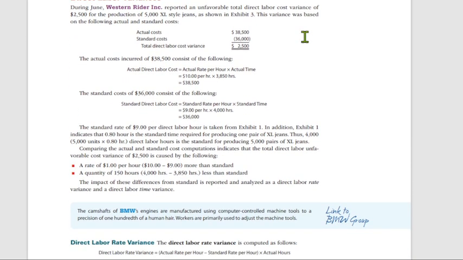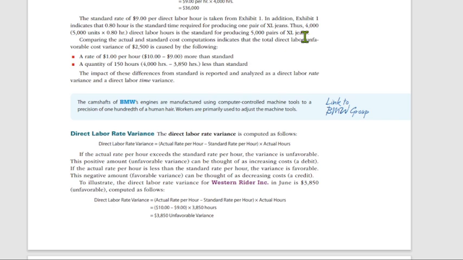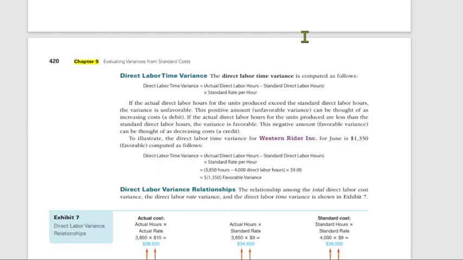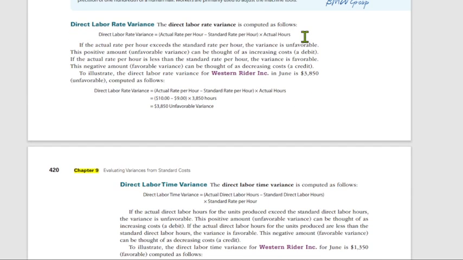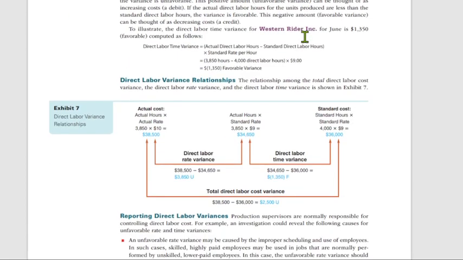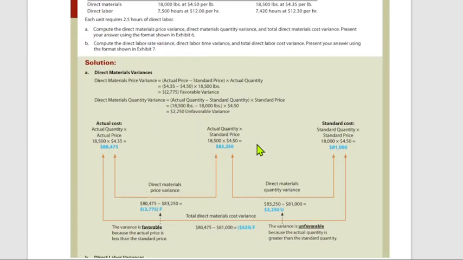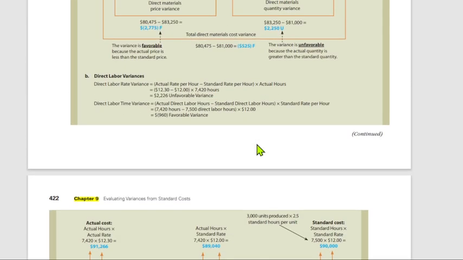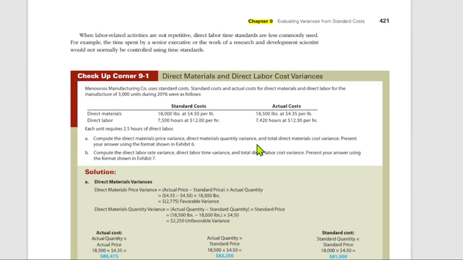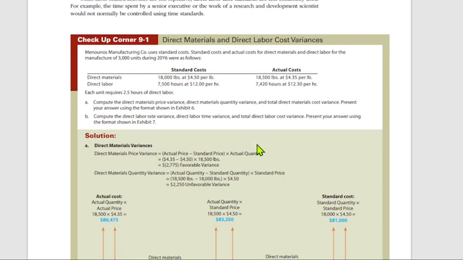Okay, we refer to direct labor cost variances na ang indicator niyan ay yung rate and time variances. This is essentially the same as that of a material quantity variance. Same lang din ang concept niyan paggamit ng standard and actual rate. Okay, you can use the example Checkup Corner 9-1.